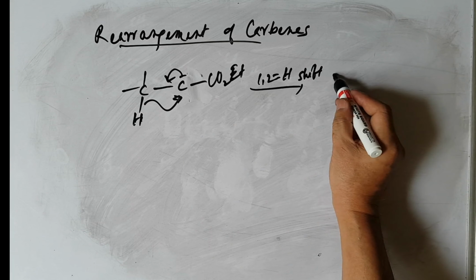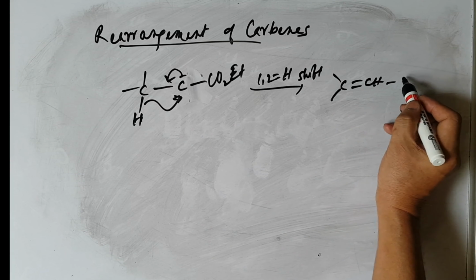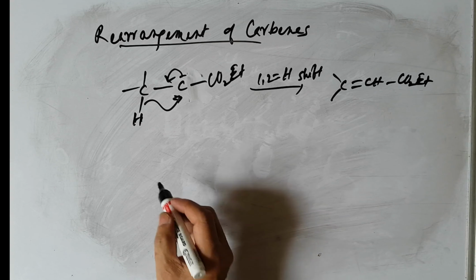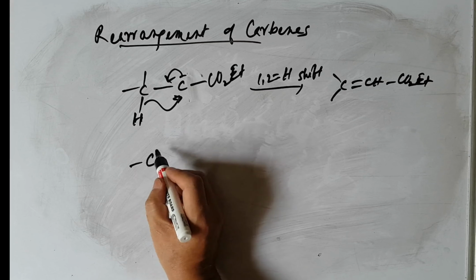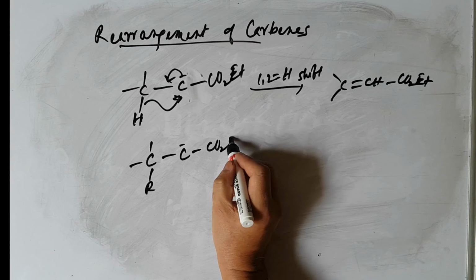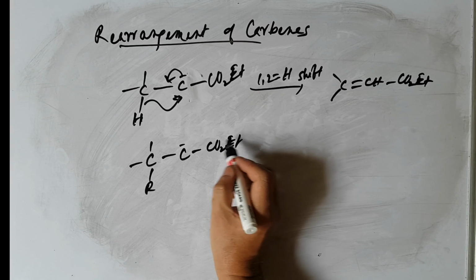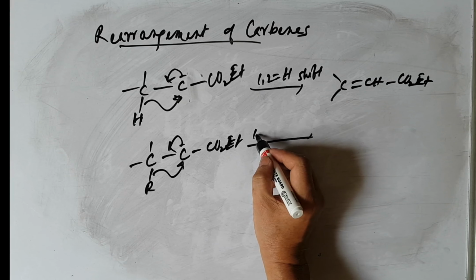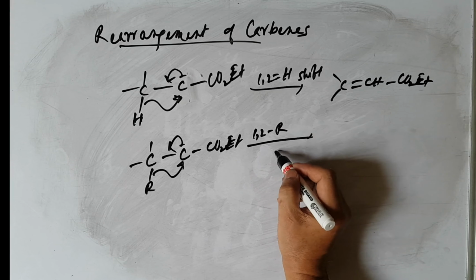So you can get CH2=CH-CO2Et. Then sometimes an alkyl group R can also undergo migration, a 1,2 alkyl shift, an R shift.